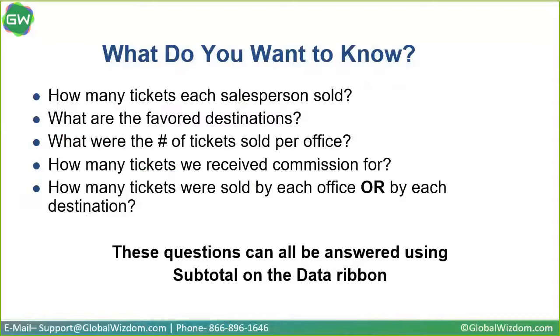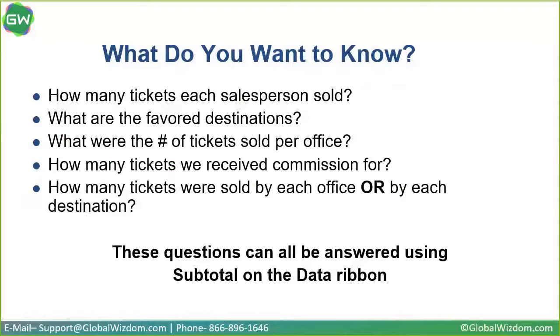Or maybe what were the most popular destinations? How many tickets were sold per office? How many tickets were sold to each destination? Or how many tickets did we receive commission on?